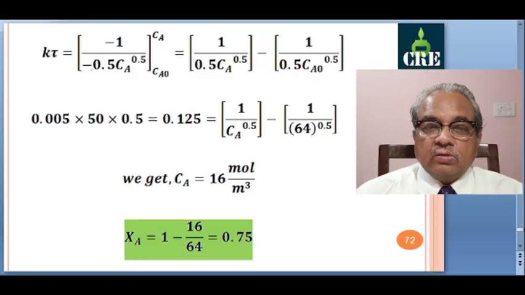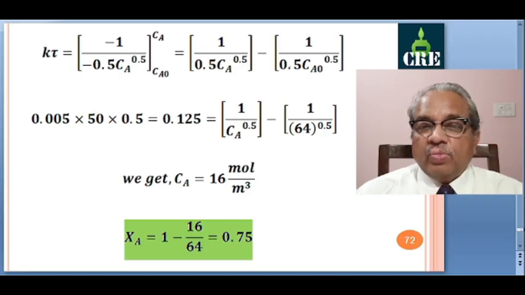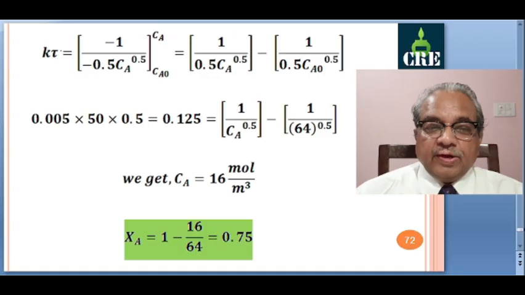This minus minus becomes plus, and we do not reverse the order here, it is maintained. So 1 minus 0.5 by Ca raised to 0.5 minus 1 by 0.5 Ca0 raised to 0.5, equals K tau.